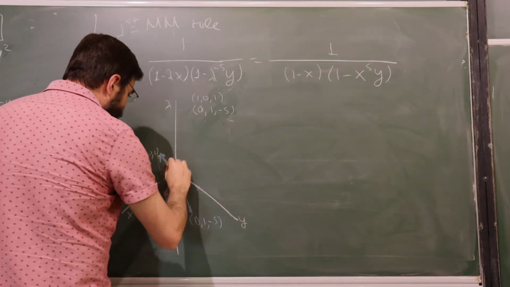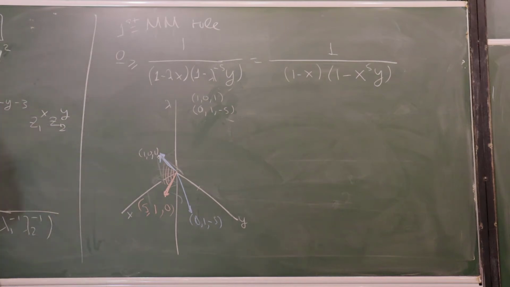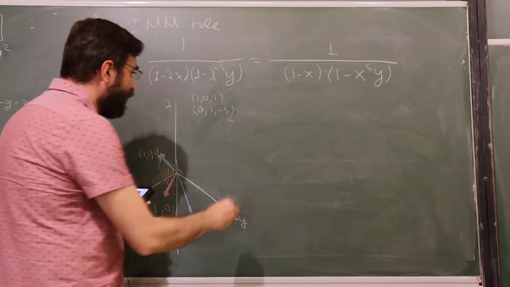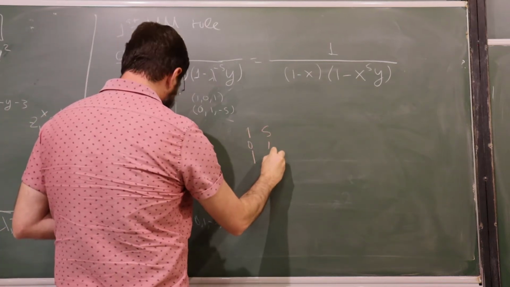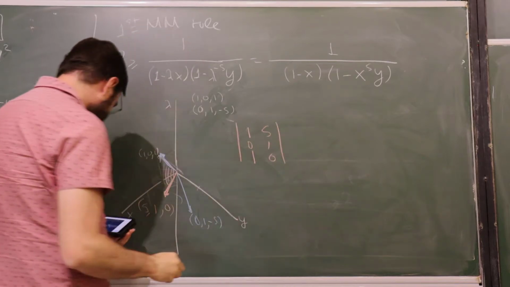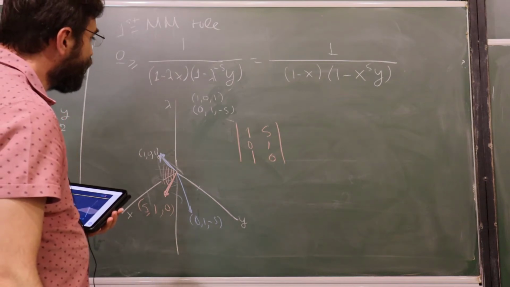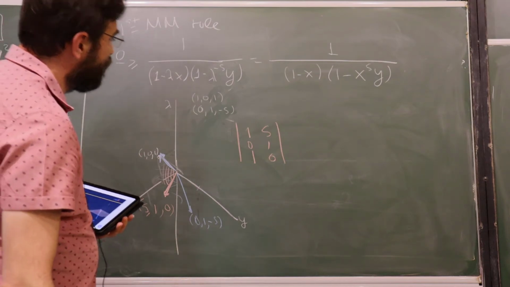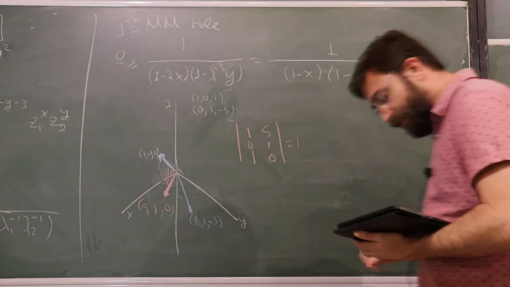Okay, and now what I want is this, right? So what I want is a cone generated by 1, 0, 1, and s, 1, 0, right? And what is the determinant of this? This is 1, or minus, it doesn't matter.